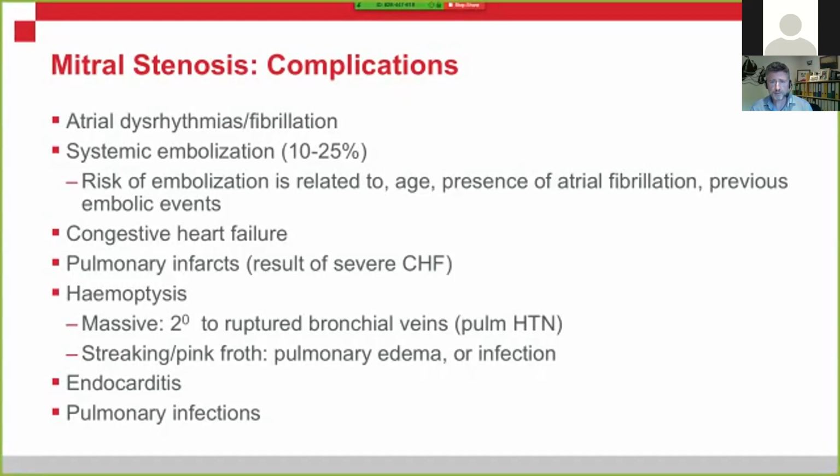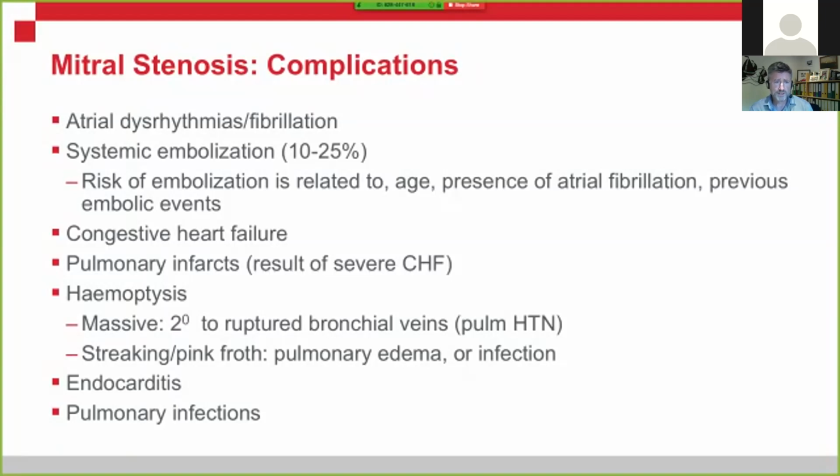I suspect the majority of them would have other risk factors that would make them eligible for anticoagulation, but it's always worth thinking about valve disease when we're assessing patients' stroke risk with atrial fibrillation. And in mitral stenosis, that is very, very high indeed, even in the absence of any other risk factors.